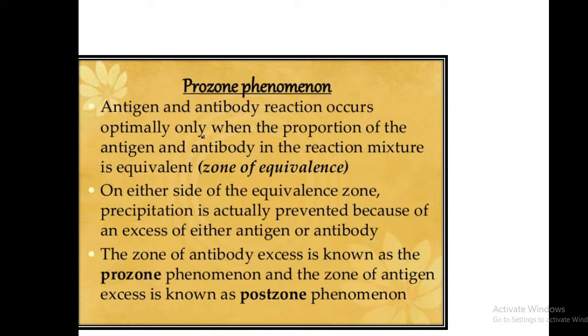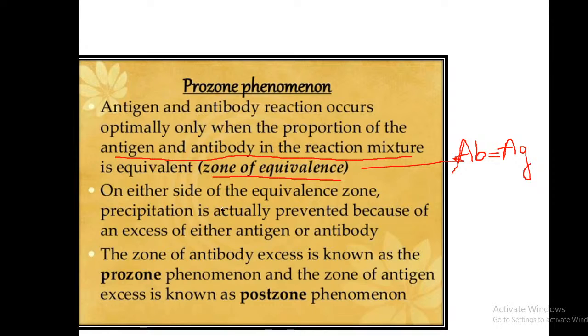Prozone phenomenon. Antigen antibody interaction occurs optimally when the proportion of antigen and antibody is the same, in a reaction we carry out in a test tube. That is what the prozone phenomenon refers to. When antigen antibody interaction is equal, that is known as zone of equivalence. That means if the interacted antibody is equal to the interacted antigen, then it is known as zone of equivalence.